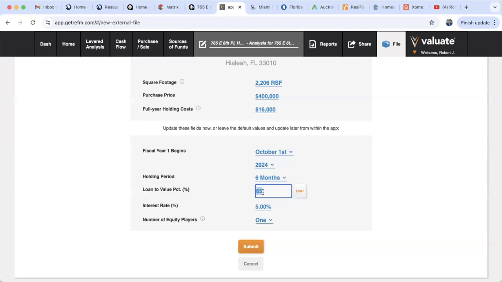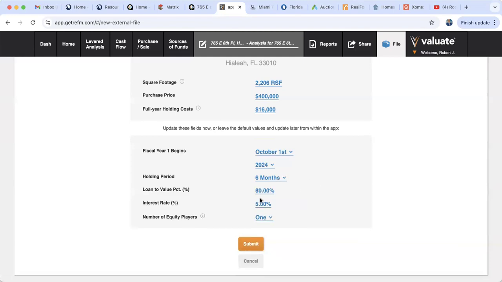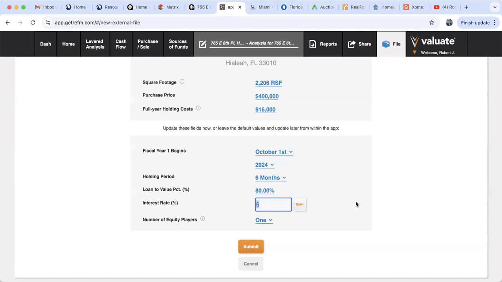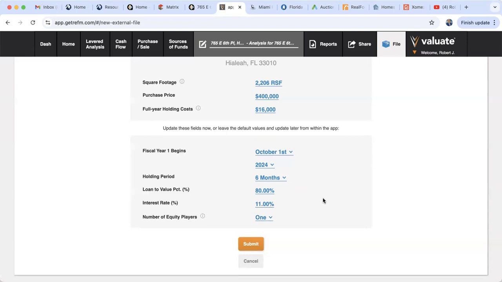Most hard money lenders may loan you up to 80%. That means the investor themselves needs to put up 20% of their own cash. And the interest rate is definitely going to be a lot higher. So we're going to put 11% interest rate on a hard money loan.